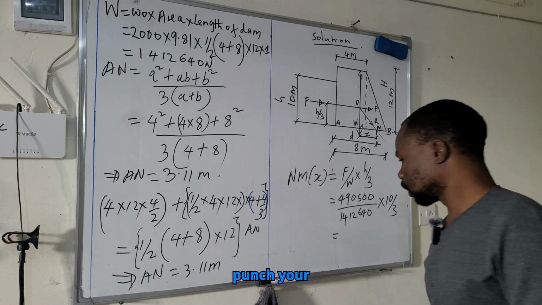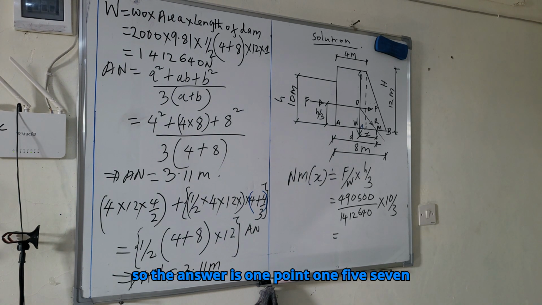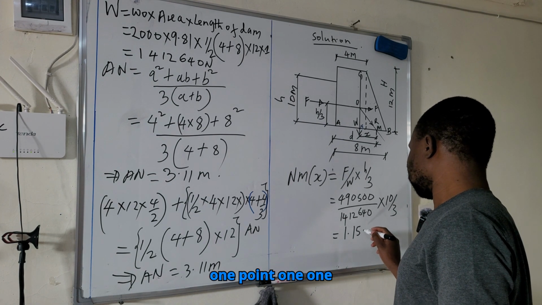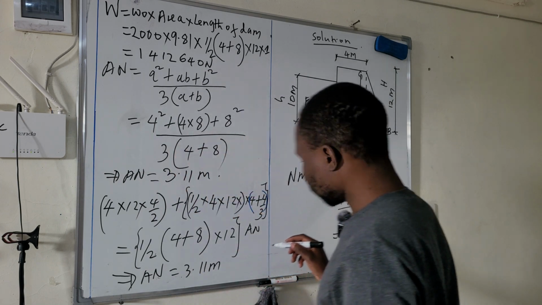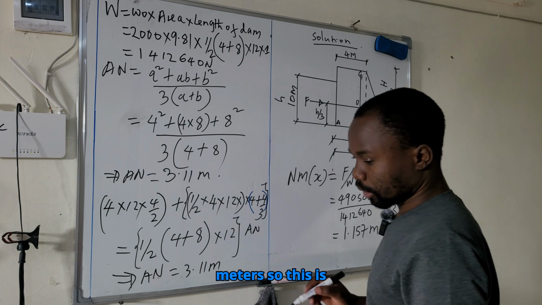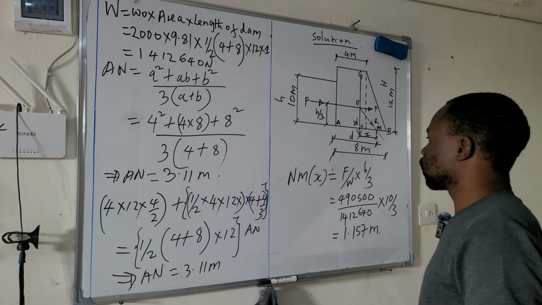Then you punch your calculator to obtain the answer. So the answer is 1.157 meters. So this is distance x from here to here.